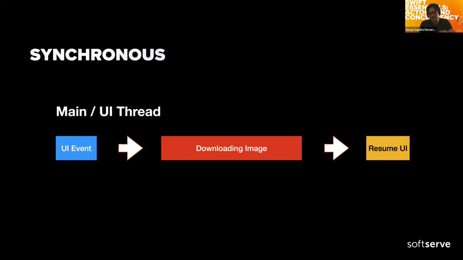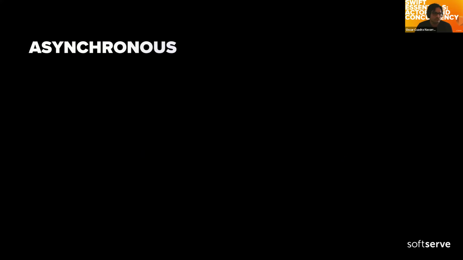In a synchronous process, every event needs to wait, or will start, after the previous event finishes. So if one of these events takes a long time, you will experience a freeze in your app, where you cannot do anything. So engineers introduced asynchronous execution because we want to do more things in our apps, and the main thread needs to be released.